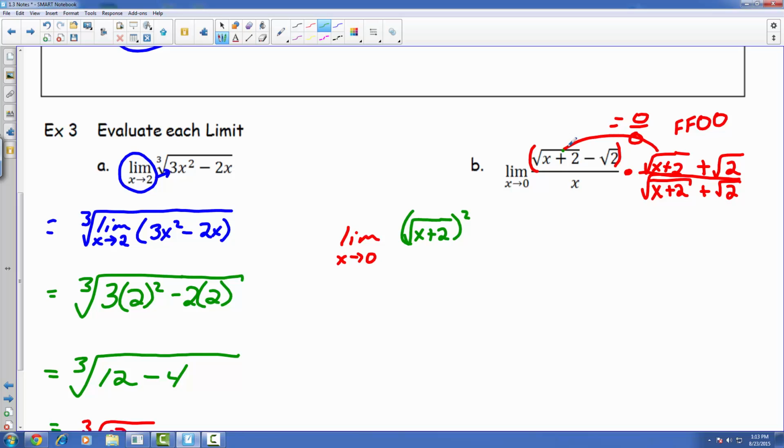Likewise, when you multiply our two outsides, we end up with plus the square root of x plus 2 times the square root of 2. And then when we multiply the insides, we end up with minus the square root of x plus 2 times the square root of 2. And then lastly, we end up with minus the square root of 4, because 2 times 2 just gives us 4.